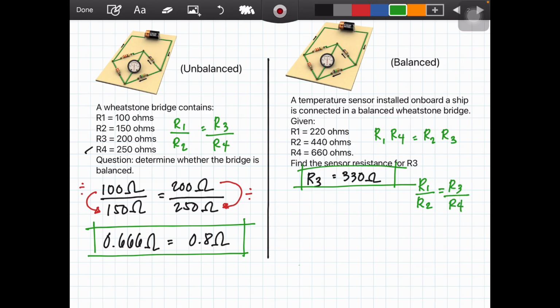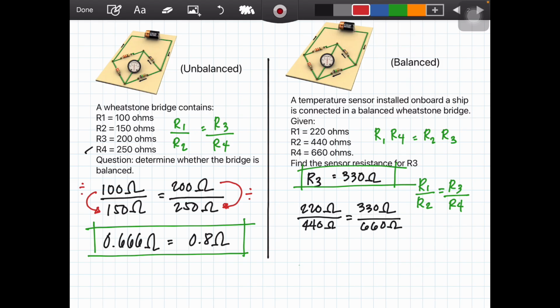R1 is 220 ohms over R2, which is 440 ohms, equals R3, 330 ohms, over R4. What is the value of R4? 660 ohms.